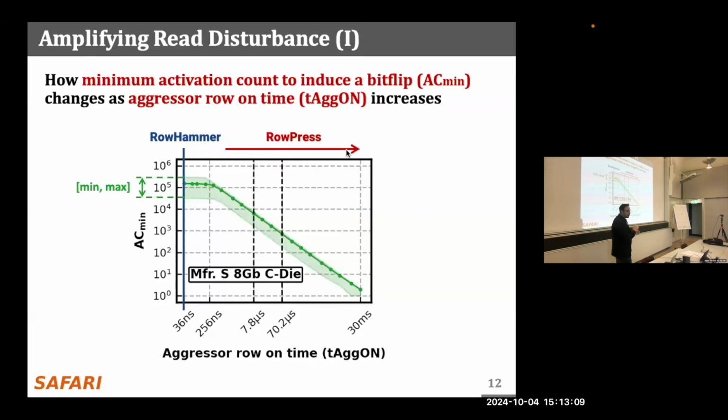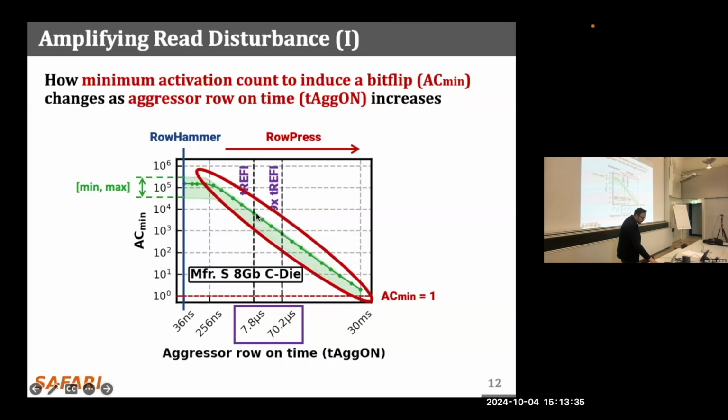As we go from left to right, we first have a mixture of RowPress and RowHammer, and it goes to RowPress later on. You can see in the first part there's a plateau until this point. And then you see that the minimum activation count needed decreases a lot. That's where RowPress becomes more dominant.